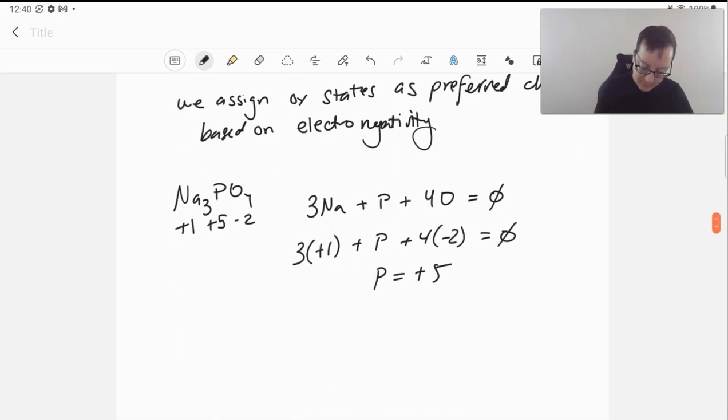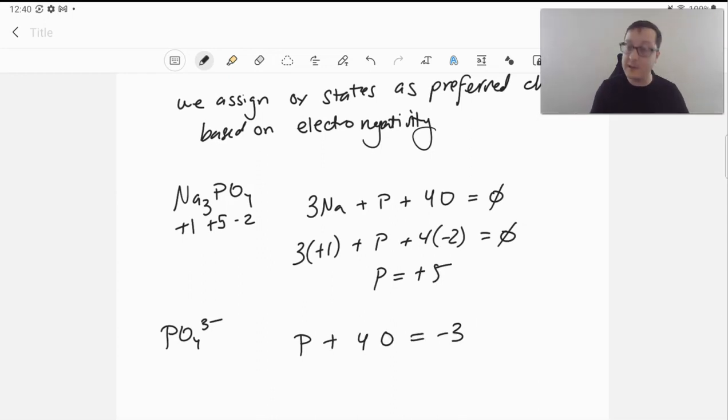We can do another one. If we just look at phosphate by itself, now we're looking at only a polyatomic ion. We will say that the sum of these will equal its charge. So 1 phosphorus and 4 oxygens is minus 3, because that's the charge of the phosphate.